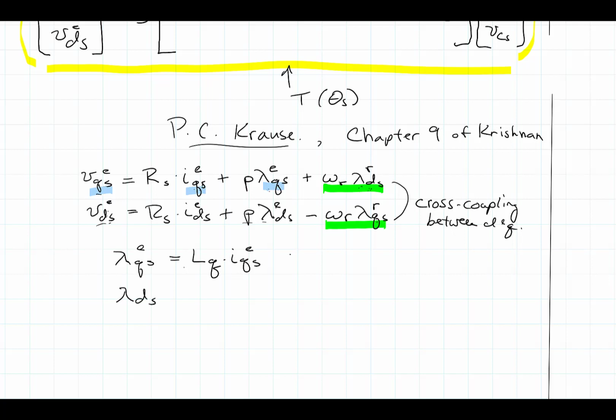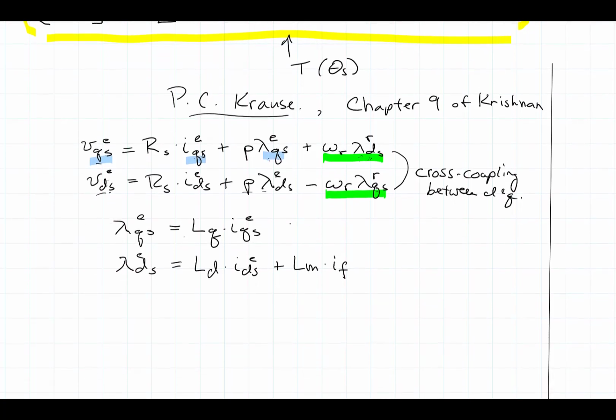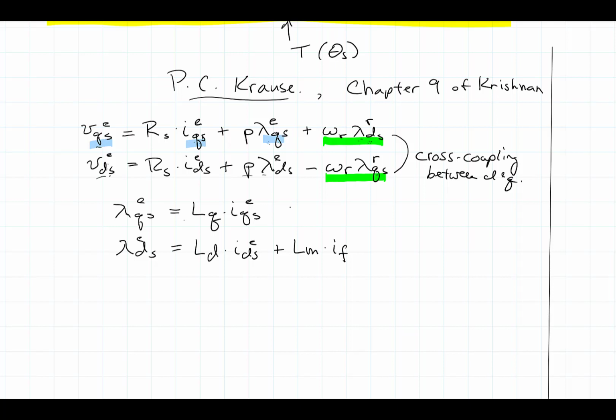Now the D-axis is going to be LD times IDS plus a mutual inductance from the field winding, times IF. And to be complete, we could add the field voltage equation.